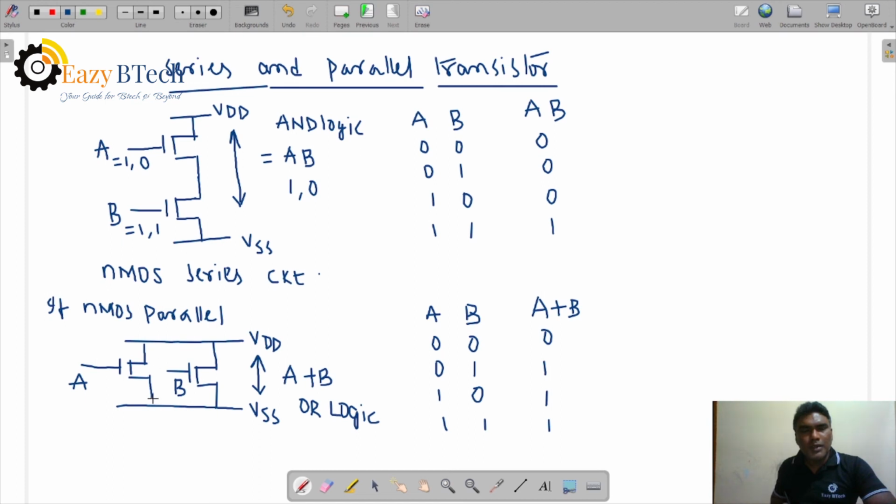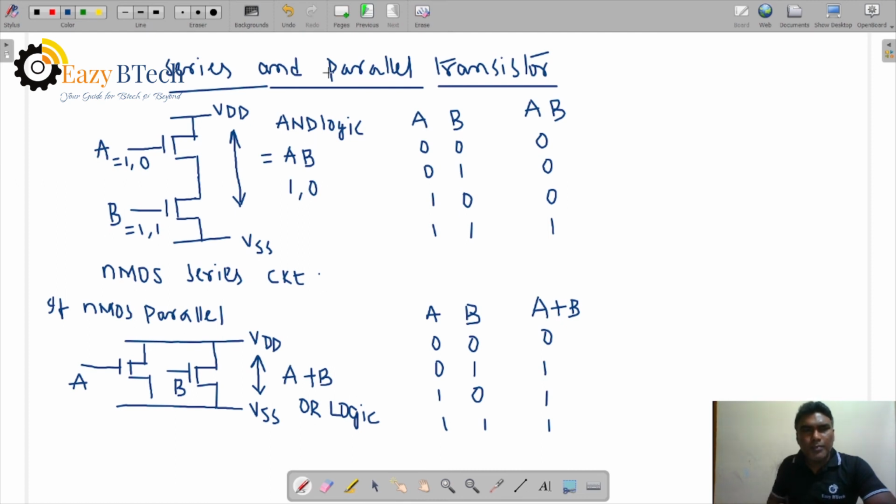Then the output taken is 1. If A is equal to 0 and B is equal to 0, both are off, then the output from VDD to VSS is 0. If A is 0 and B is 1, then it is 1. If 1 0, then it is 1. If 1 1, it will be 1. So it acts as an OR logic circuit.